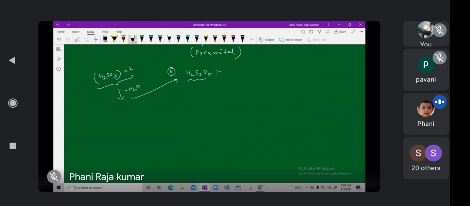This is the compound. This is called as pyroacid. Pyrosulfurous acid, also called disulfurous acid, because we are doubling the formula and we are removing H2O. It's called disulfurous acid.